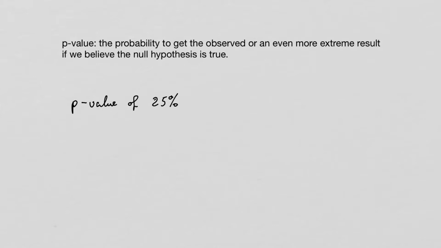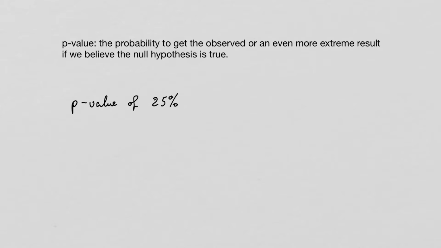So it is probable that we get this evidence, that we get these results, and the probability for getting these results is 25%, if the null hypothesis is true, if it is correct.